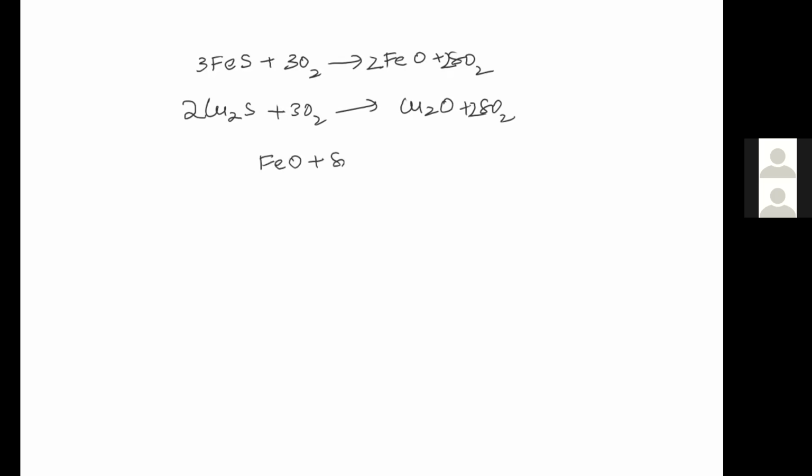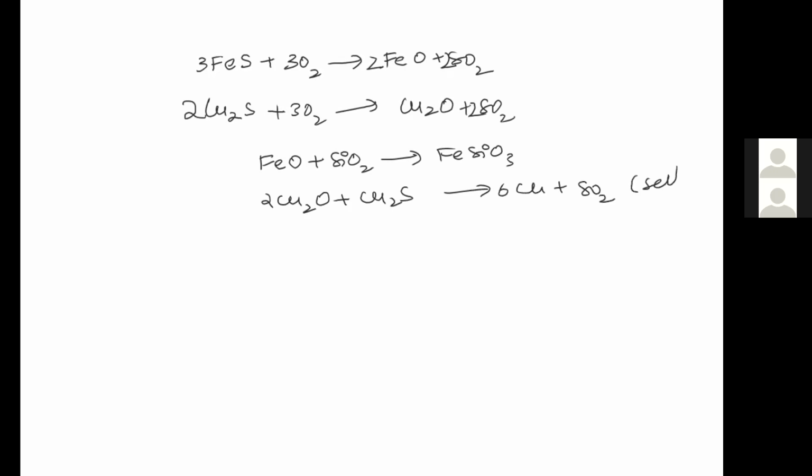FeO plus SiO2 gives rise to FeSiO3. With all the reactions involved, gives rise to copper and sulfur dioxide. Self-reduction.